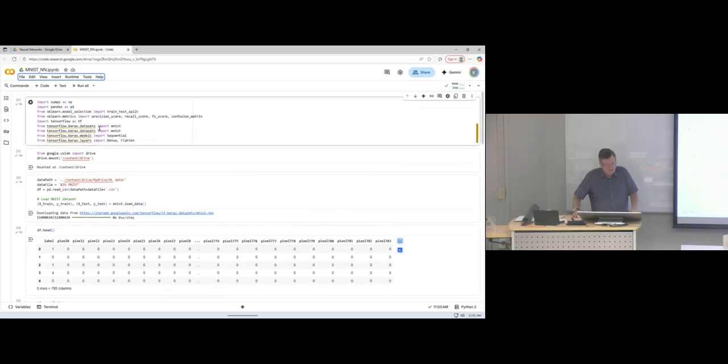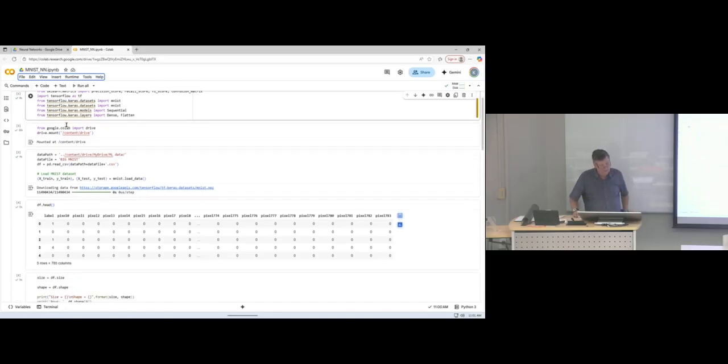So all you do is load up the exact same code libraries, except in this particular case, MNIST is so well understood and used, you can import it right off TensorFlow. So this happens to be just a different way to run this.